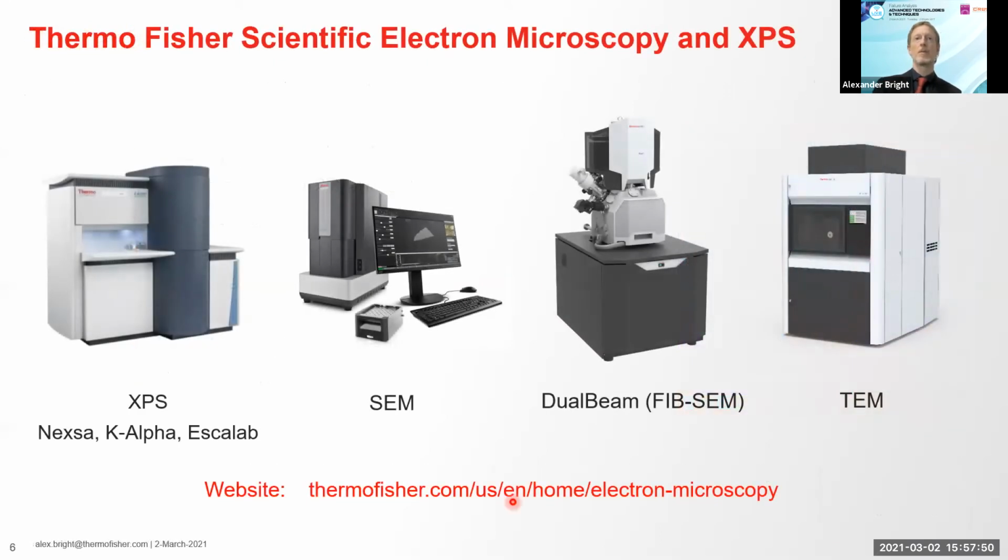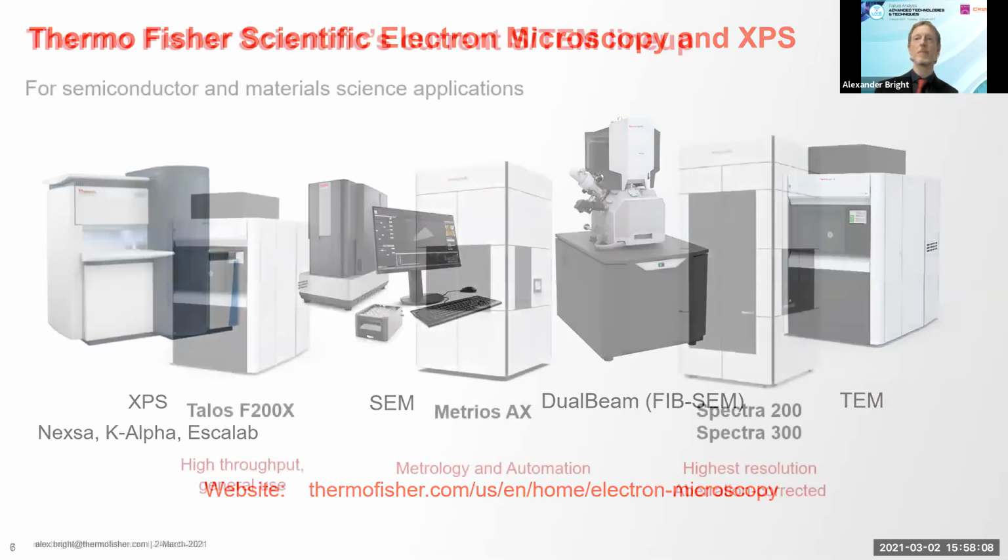So I'm part of the electron microscopy team. The main product groups that I'm involved with are XPS, SEM, dual beam, which David was talking about, and TEM, and I'm in particular going to focus on TEM today.